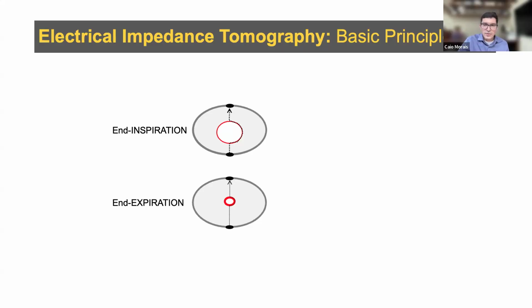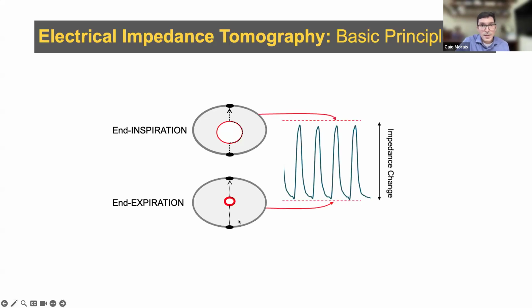Okay, so let's start with a brief introduction. This is a simplified image summarizing how lung impedance changes during a tidal ventilation. In this image, we have two electrodes. One is acting as an injector and the other as a receiver.